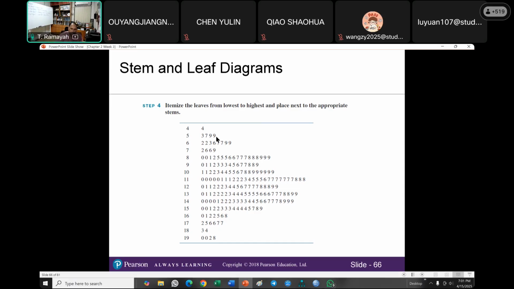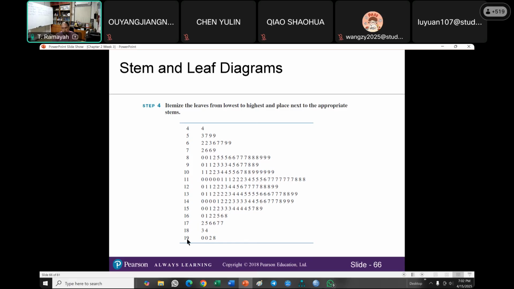That's what is meant by the leaf. We have 162, 262, 163, 166, and 267 and 269. So these are actually the leaf, the second number. The last category we have 190, 190, right?